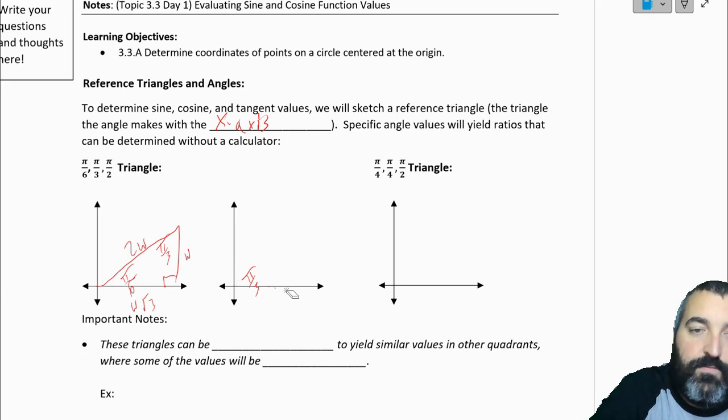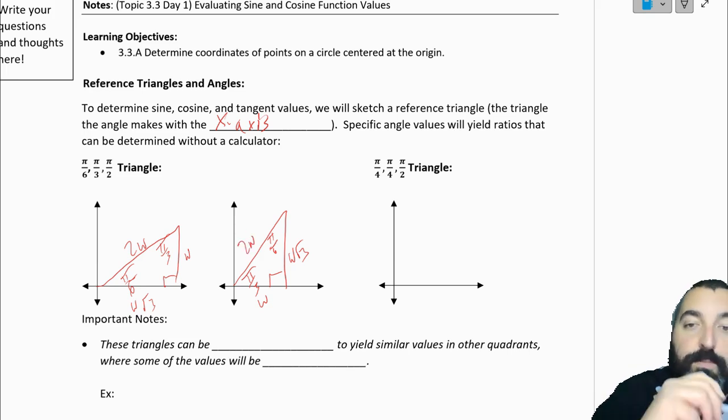My pen just likes to not work sometimes. So yeah, there's that, and then this would be pi 6. Remember, across from the pi 6 is w, across from the pi thirds is w root 3, and across from the pi halves, where the right angle is, is 2w.